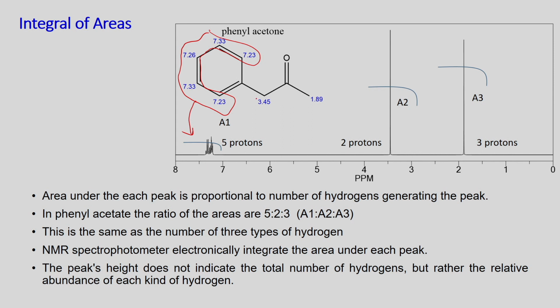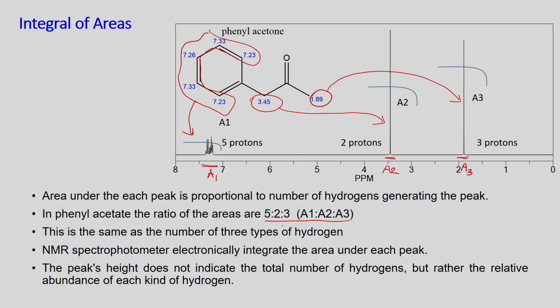Then A2 is here, due to the CH2 group at 3.45. This is another set of nuclei, and the third set is represented by 1.89, which is due to A3. So there are different sets of nuclei. If I integrate this area, suppose A1, and this area, suppose A2, and this is A3, the area ratio between A1, A2 and A3 should be 5:2:3.